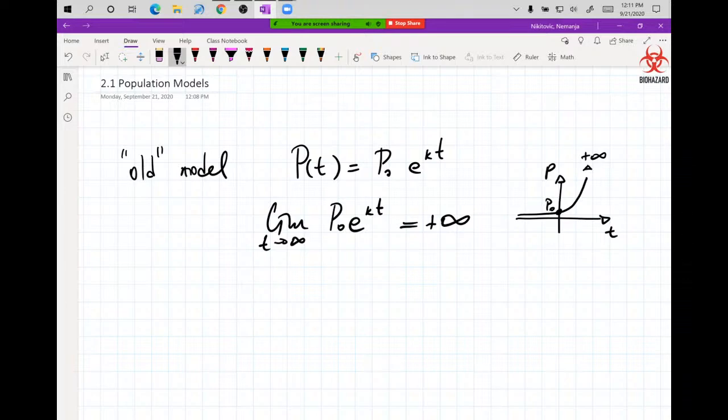So going into this model, we understand that it is good for local calculation. If you just want to look at a small part of the curve, then yes, it all makes sense.